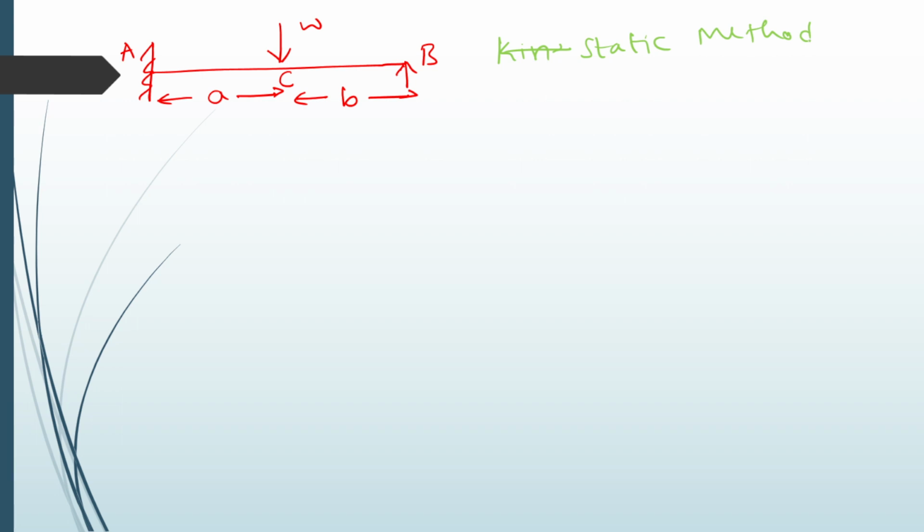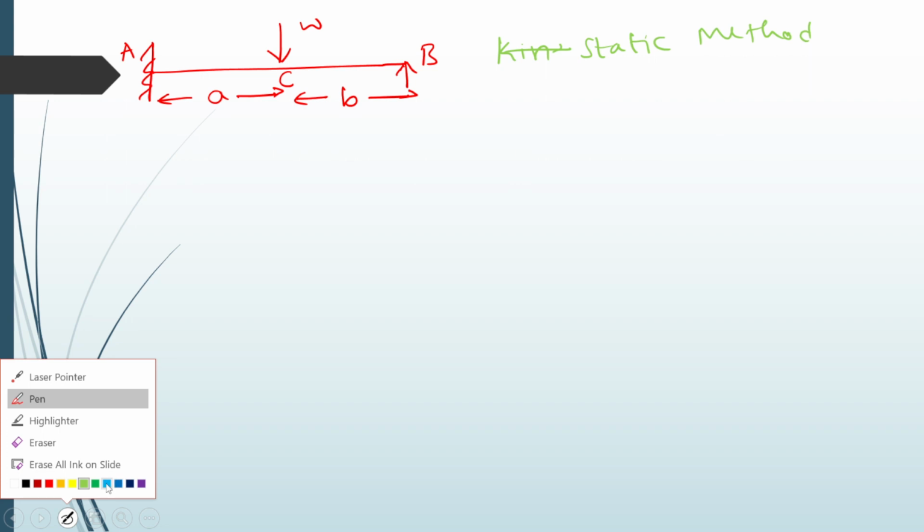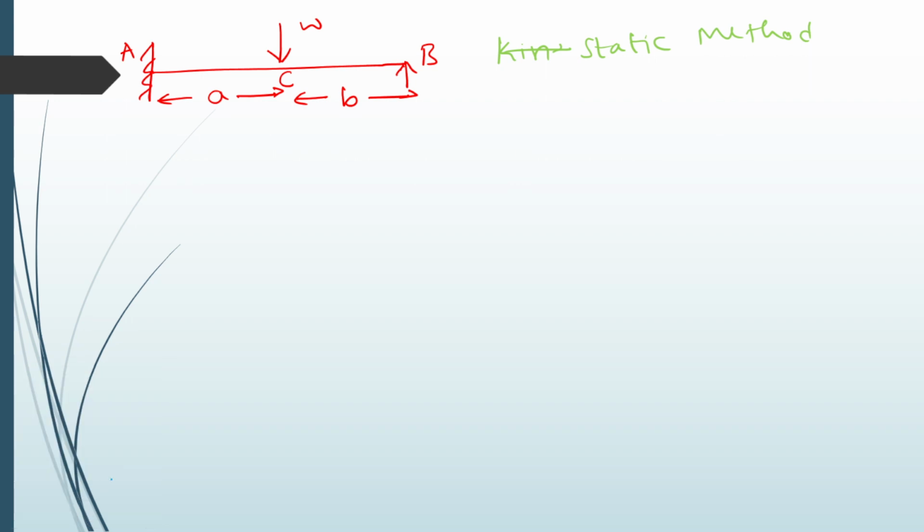Static method means that the total maximum bending moment at any point equals the plastic moment at that point. We consider the same as in the previous problems. Before going to that, I am going to draw the bending moment diagram for this condition.